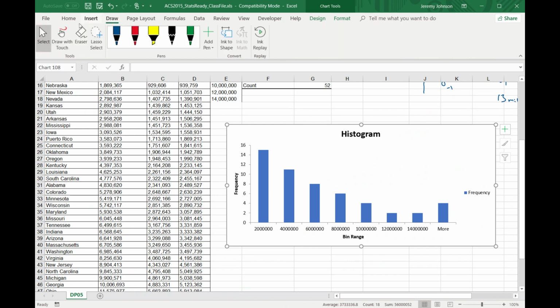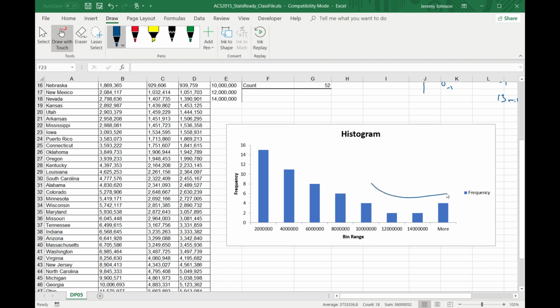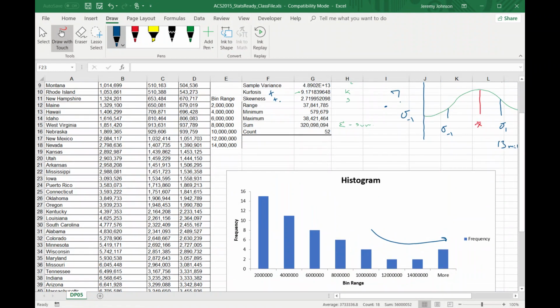This histogram is our representation of the data set, right? The normal distribution. So we're seeing this big tail coming way out here, right? So it's pulled to the right. So it's a very positive skewness. Right? We see that here, very positive.